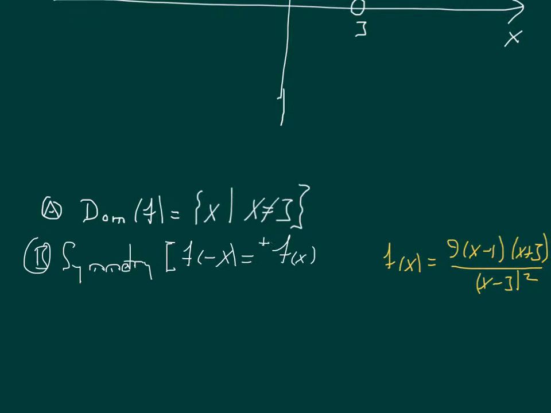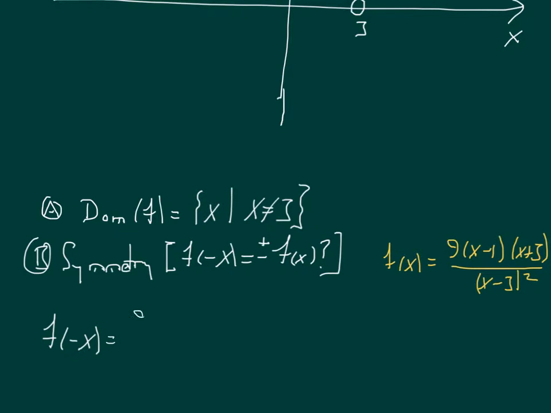So we're looking to see if f at minus x is equal to plus or minus f of x. That's our question here. And if you want to check this, what do you do? Well, you just evaluate f at minus x by replacing all occurrences of x in the formula for f by minus x, and you see what you get.